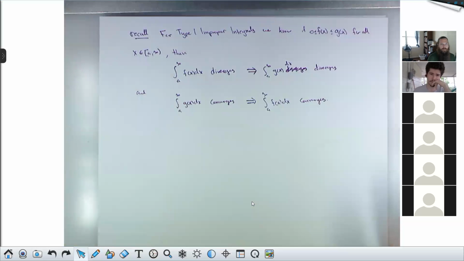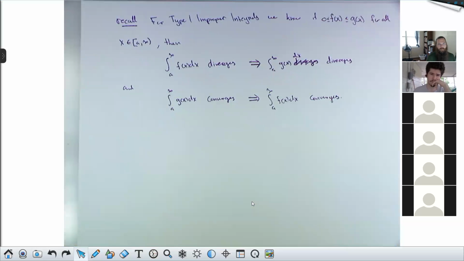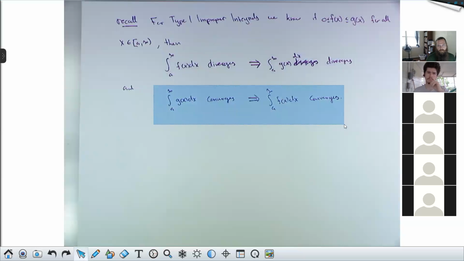It was a containment argument, right? We said if this inequality is true, then the area under f has to be smaller than the area under g. So if the small area is infinite, then the large area has to be infinite. And if the large area is finite, then the small area has to be finite.